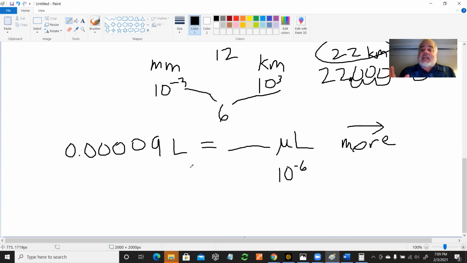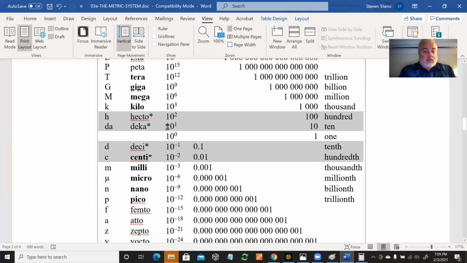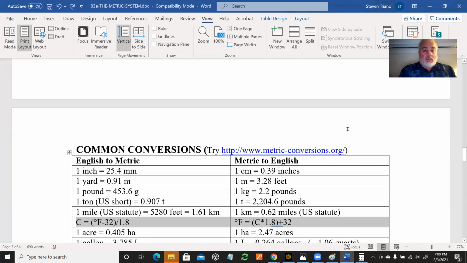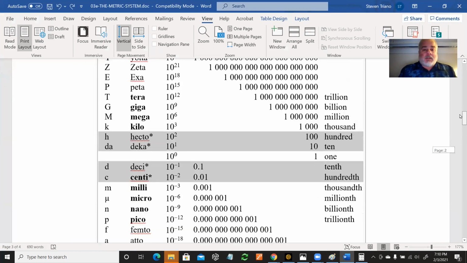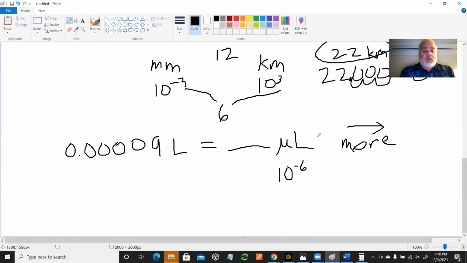There is none. There is no prefix in this particular problem. It is just liters, and that's where we use 10 to the 0 power. 10 to the 0 power is what you use when there's no prefix, when it's just 1 liter. So I use 10 to the 0.